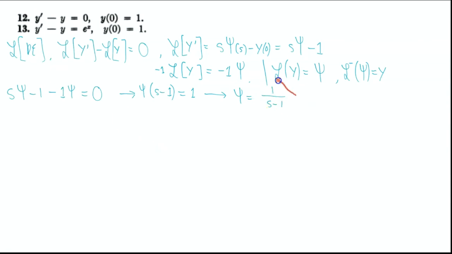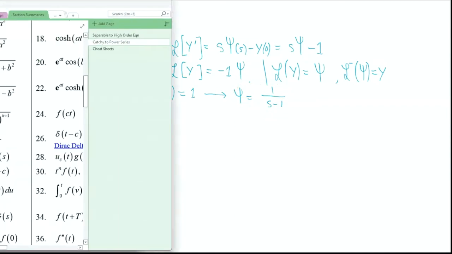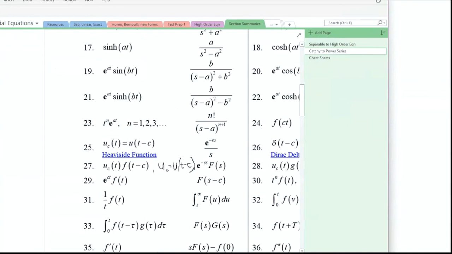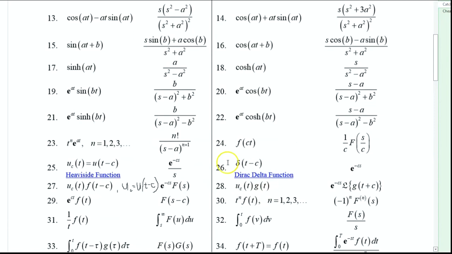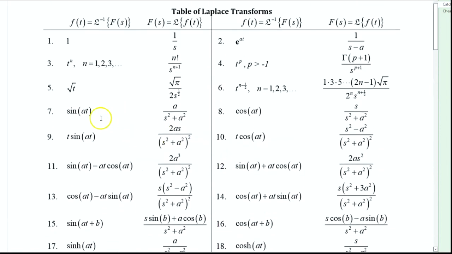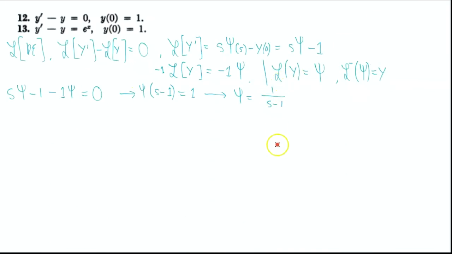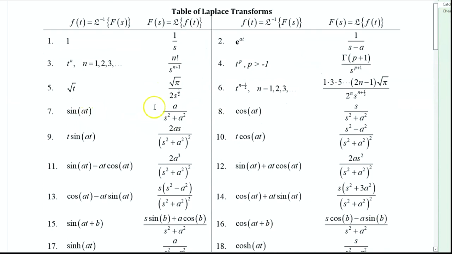And then this is the part where you would use this fact to get your answer. Now you're like, what is this? Okay, now I'm going to drag the table into the shot. This is why people like using Laplace's method for harder equations usually, because nearly every single situation is solved. So what do we have here? We have a 1 over s minus 1. So that's going to look something like 1 divided by s minus a, where a is 1.